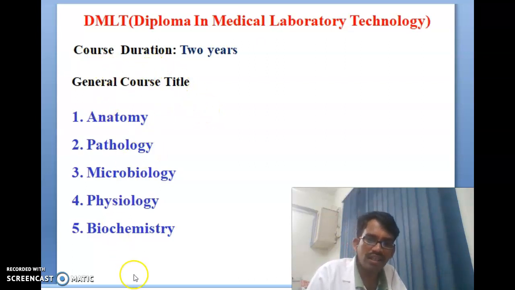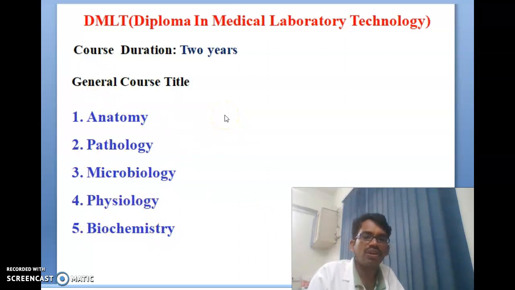So these are the five major subjects in the DMLT course. The duration is two years, and people from any discipline, like arts and science, can join the DMLT course after intermediate. The five important subjects are anatomy, pathology, microbiology, physiology, and biochemistry.